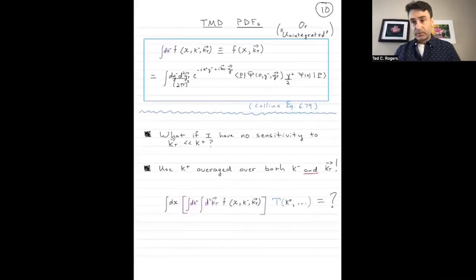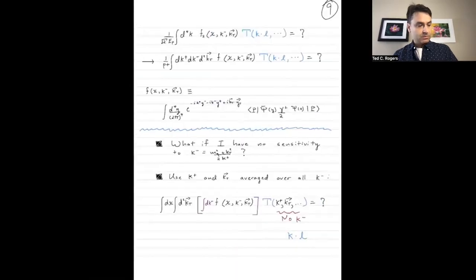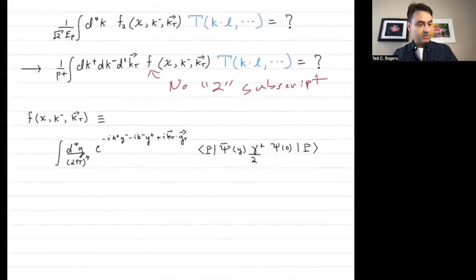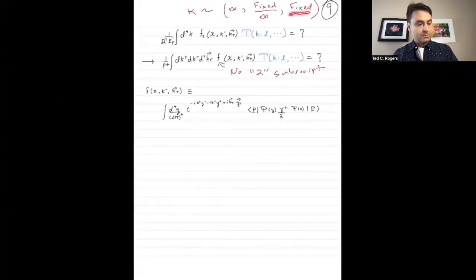Well, of course, we can go further than this because the transverse components are also small relative to the plus component. What I just wrote back here was that the transverse components are remaining fixed as the plus components are going to infinity as we look into this boosted reference frame more and more.